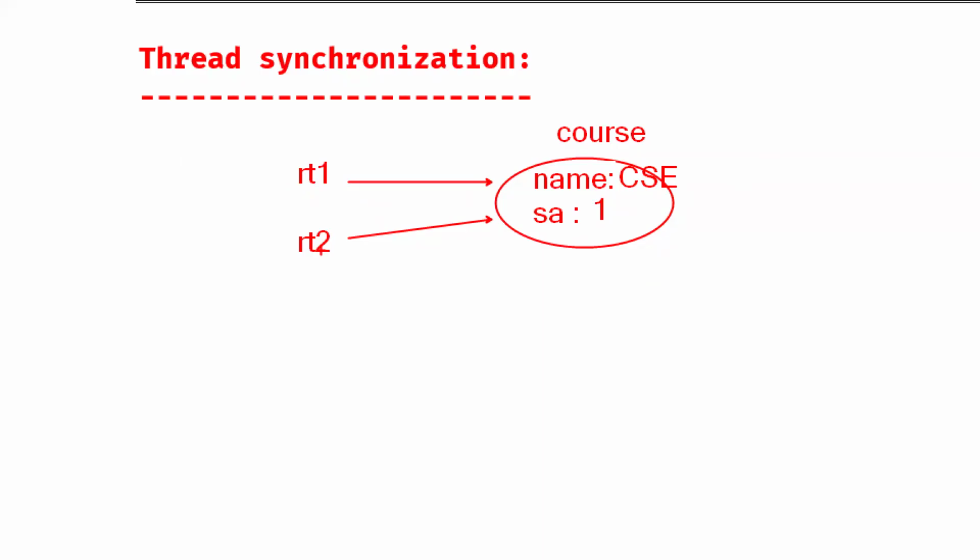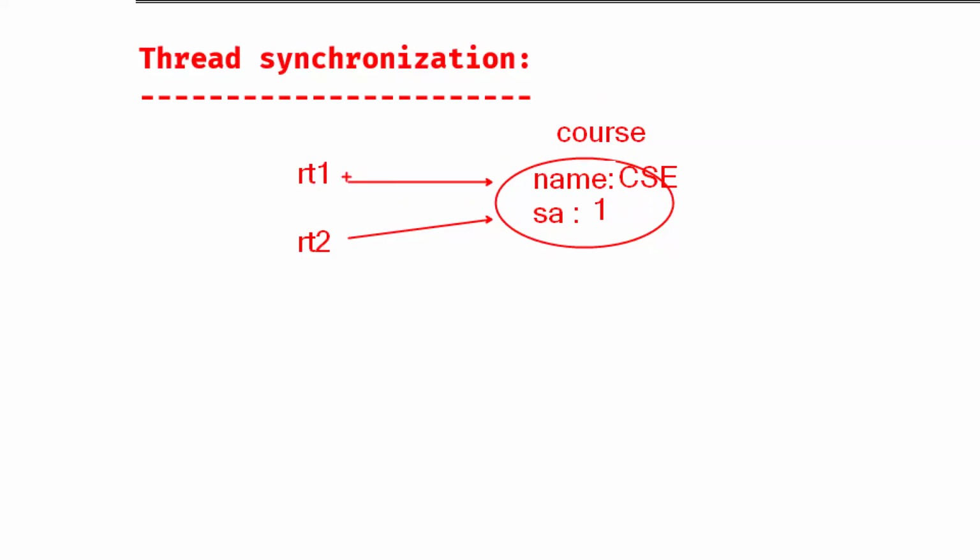So to avoid this inconsistency, we apply a concept called synchronization. What happens in synchronization? For example, two threads are sharing the same resource, correct? What happens now?